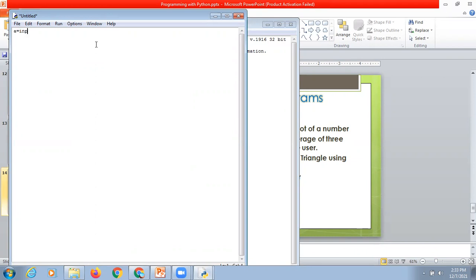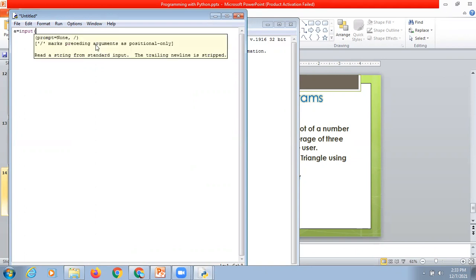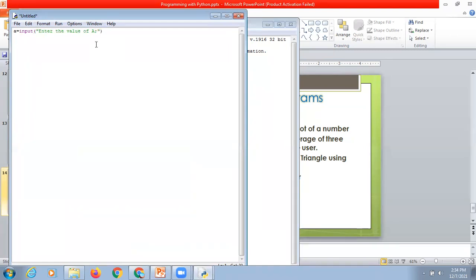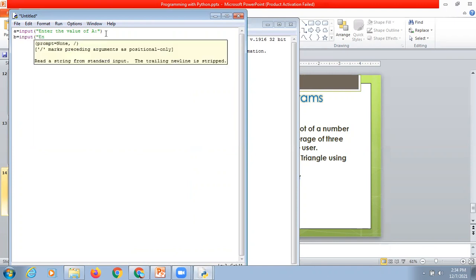So input, within bracket, enter first number, or you can write enter the value of A. Now in B, I will accept the value of the second variable, input, enter the value of B.